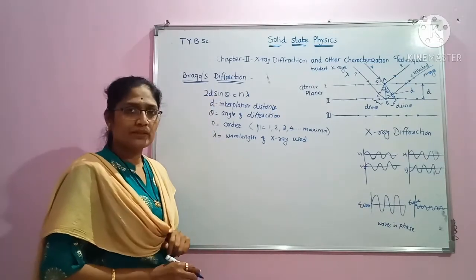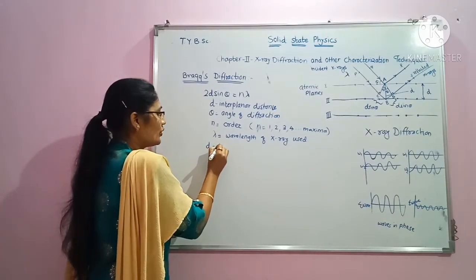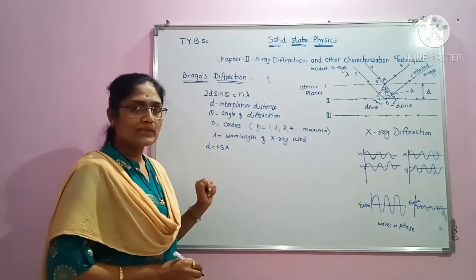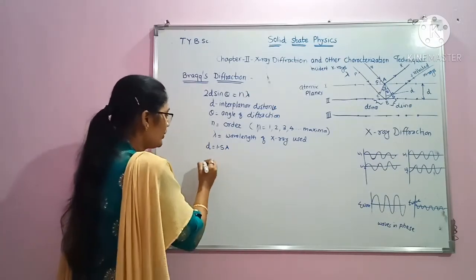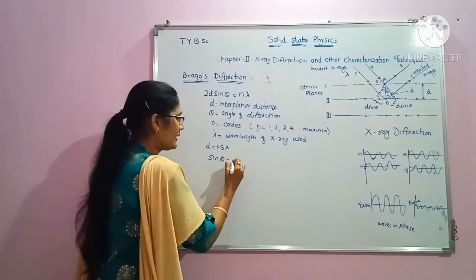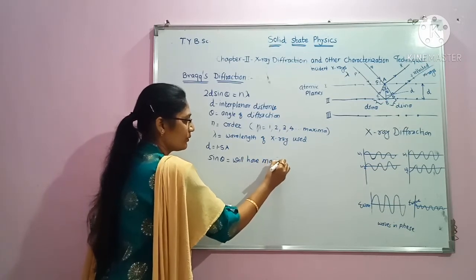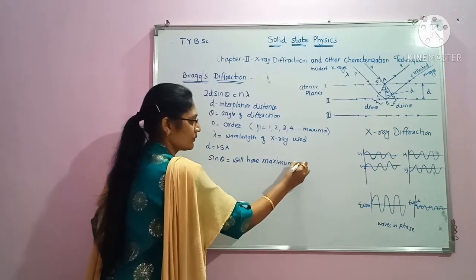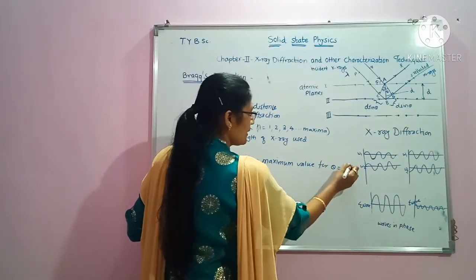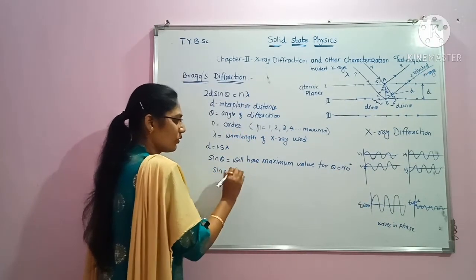Now for simplicity, we will consider an example where we take the d value as 1.5 angstrom. Then we know that sin theta will have its maximum value for theta equal to 90, that is sin 90 is equal to 1.